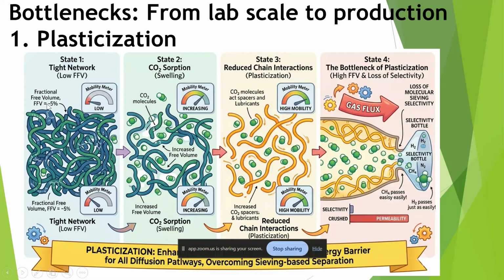Here you can see, I mentioned the fractional free volume earlier as the smaller gaps between the packed polymer chains. If we are using certain polymers like PSF or Ultem, whatever it may be, for CO2/O2, CO2/N2 or CO2/CH4 separation, the CO2 molecules will gradually get adsorbed onto the surface of each polymer chain, and gradually it swells up, and the free volume will increase, so that the polymer chain mobility will increase.